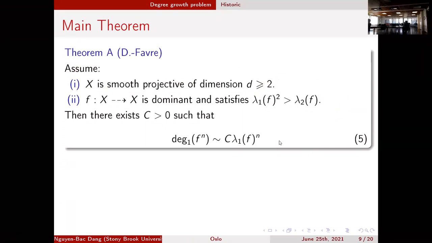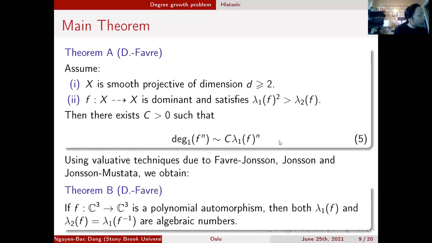As a consequence of our method, we get a corollary: if you have a polynomial automorphism of C3, then both lambda 1 of f and lambda 2 of f are algebraic numbers. I will focus on this first theorem and give you the ideas for this statement.